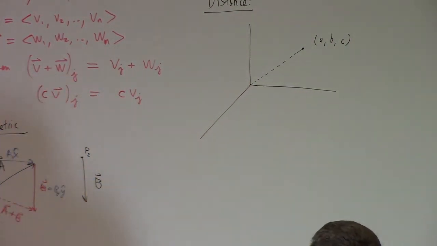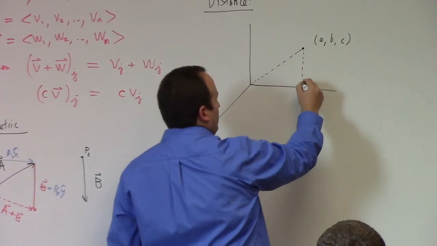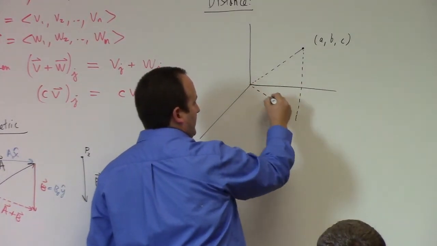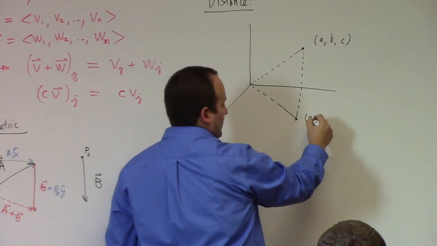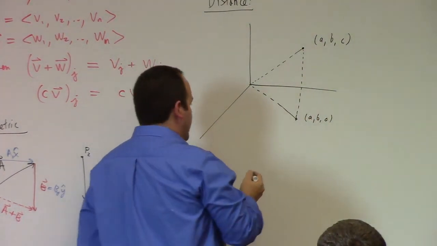By the way, once we figure this out, shouldn't that be the same as the length of the vector ABC? Think about it. Is it one and the same problem? So it goes back to the picture I already drew over there. I think about the projection of the point down in the xy plane, which gives me AB0. And then I've got two two-dimensional problems.